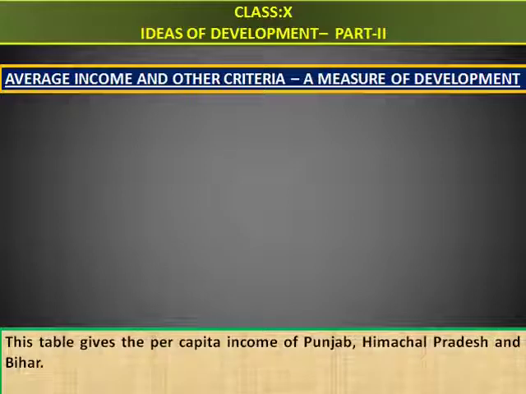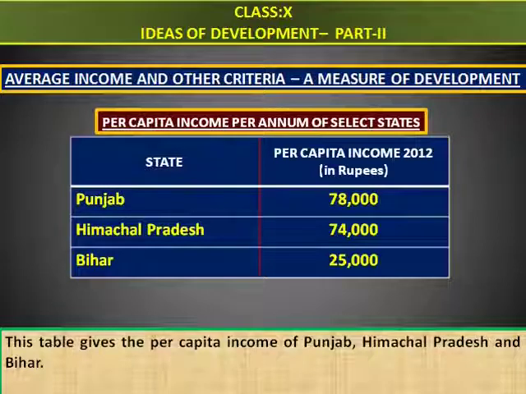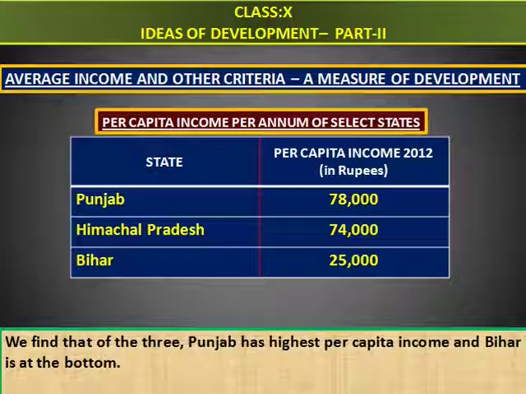So let's compare the three states. First, on the basis of per capita income, that is average income. This table gives the per capita income of Punjab 78,000, Himachal Pradesh 74,000, Bihar 25,000. We find that of the three, Punjab has the highest per capita income and Bihar is at the bottom.